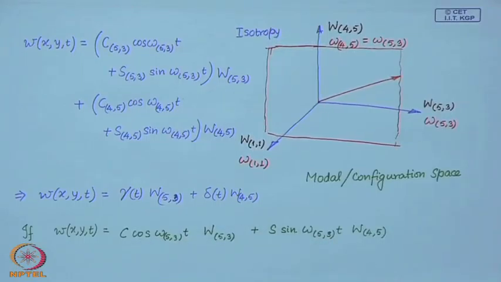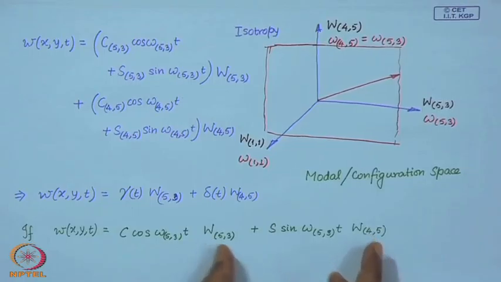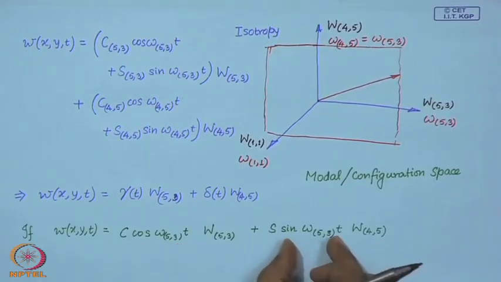There is no fixed nodal lines. So, they keep varying according to this, but suppose the excitation is cos. In that case, there will be a fixed combination of W 5 3 and 4 5, which will be C times W 5 3 plus S times W 4 5, because this will be cosine, this is also cosine.